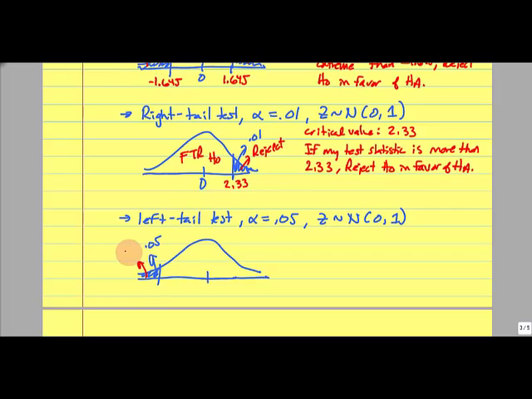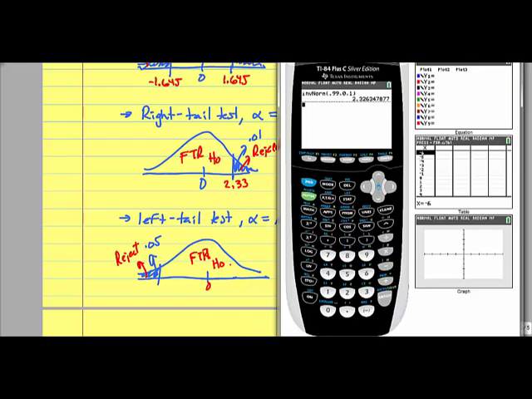So this is my rejection region. This is my fail to reject region. And again, my mean is here at 0. To find this value, we can pop into the normal tables, or we can use our inverse normal.